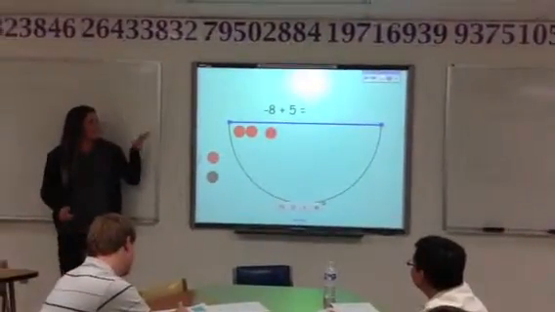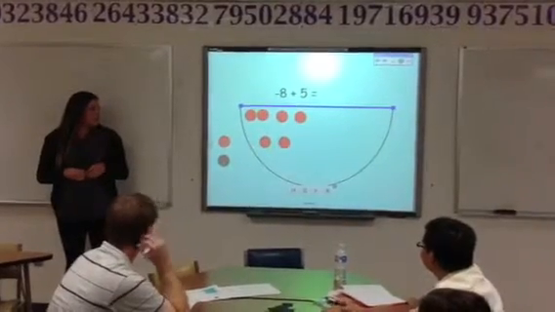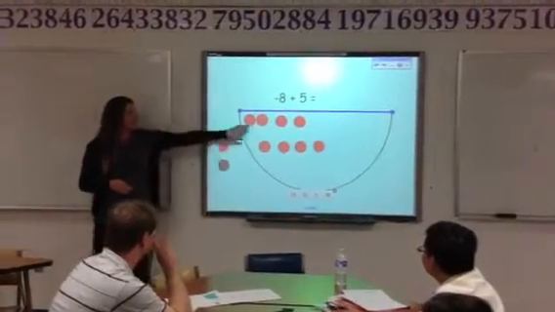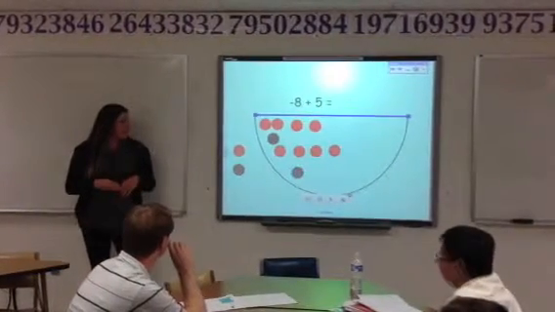So your problem here is -8 plus 5. So you see how they're modeling these chips. So that's how they got the -8 here. And then they're adding in the 5 black ones.